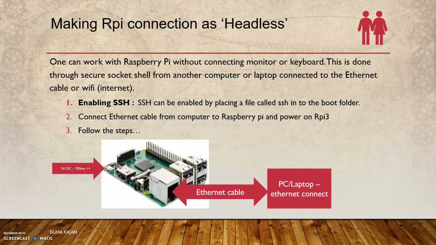If you're using the manual one, you need to have the SSH file placed in the boot folder. So that's about it. We will quickly see how to progress using the Raspberry Imager tool.